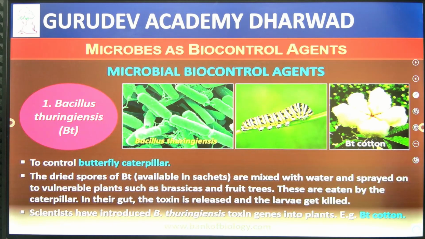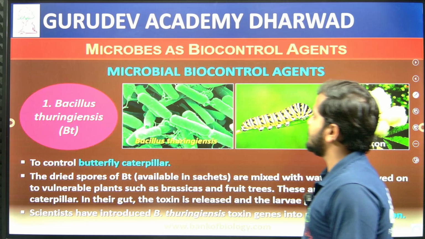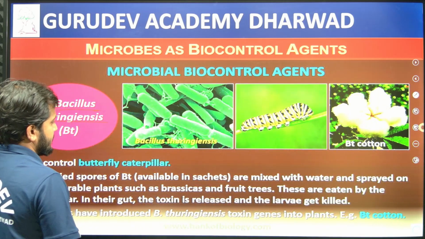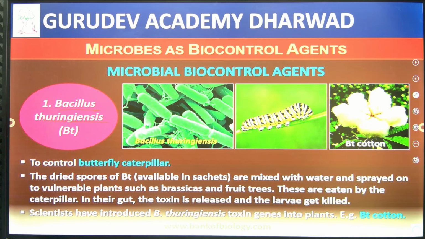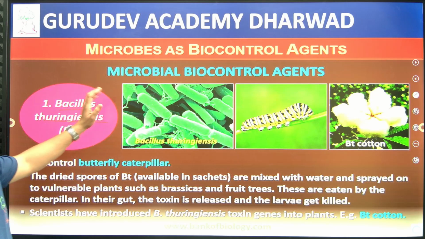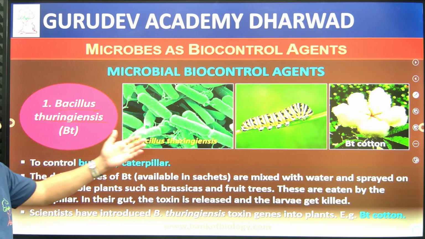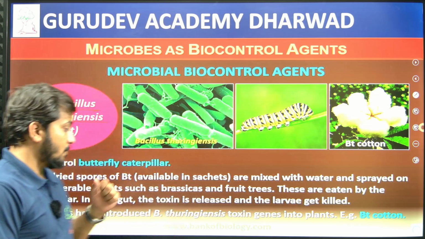If you consider Bacillus thuringiensis, this is the biggest example of an insecticide that we can use. It controls the population of insects which feed on cotton.